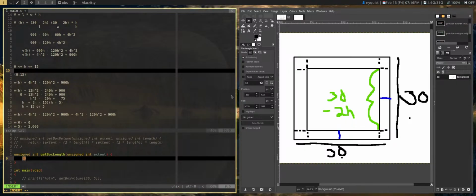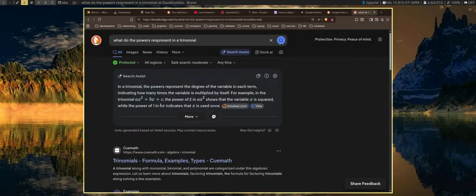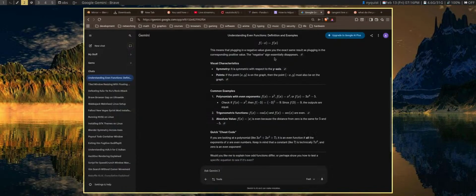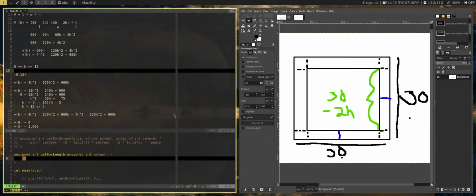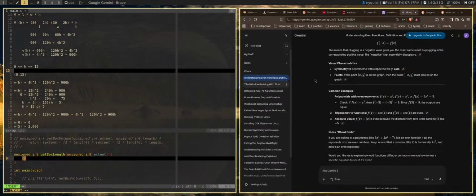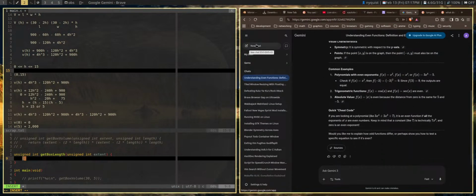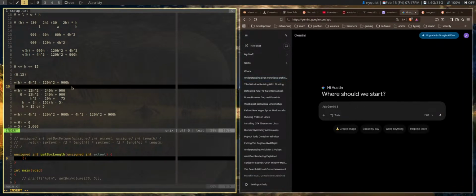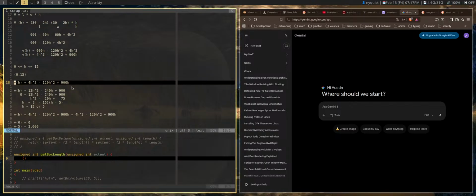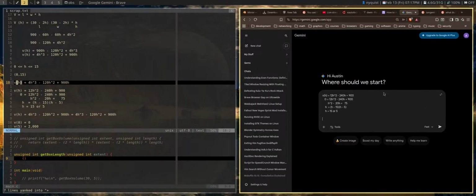I'm going to ask, because this is actually tripping me up, I'm going to ask Gemini to see if it can give me a good way to figure this out. Just for the heck of it. I solved for h here.